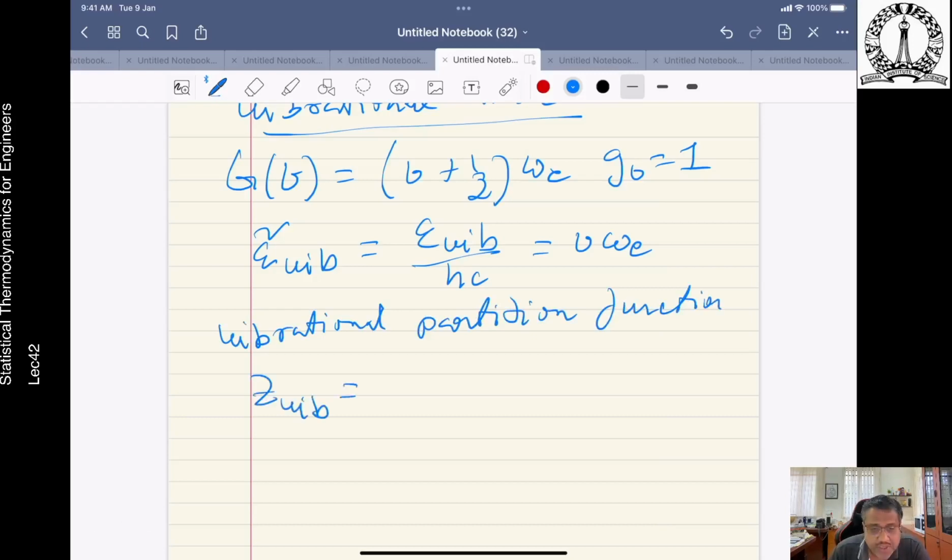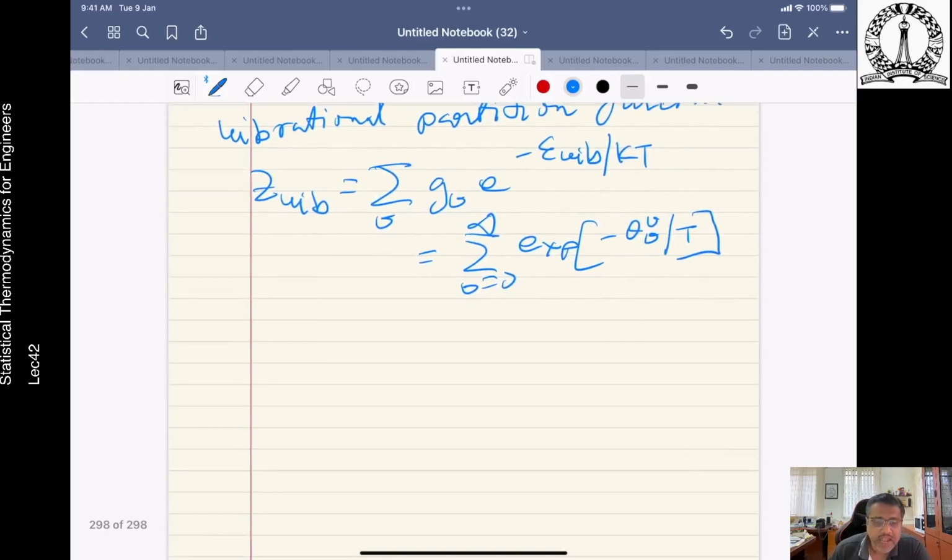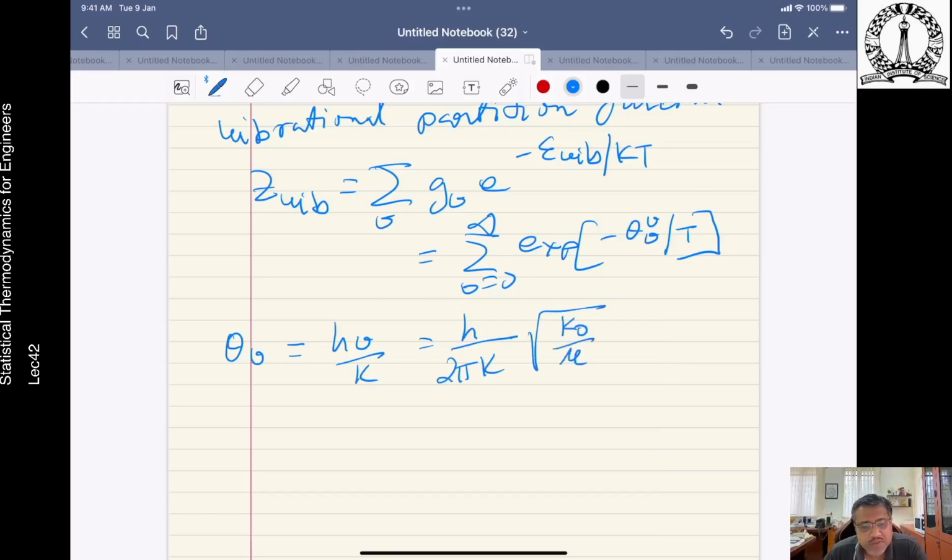Z vibrational, summing over all vibrational levels, exponential of minus E vibrational divided by kT, which is equal to summation v equal to 0 to infinity exponential of minus v theta V by T. So the characteristic vibrational temperature therefore becomes h nu by k, which is equal to h by 2 pi k naught by mu.